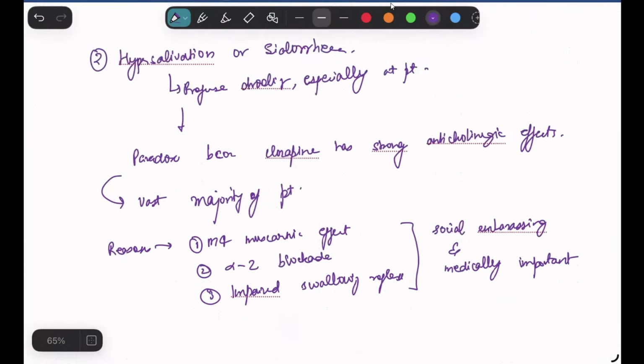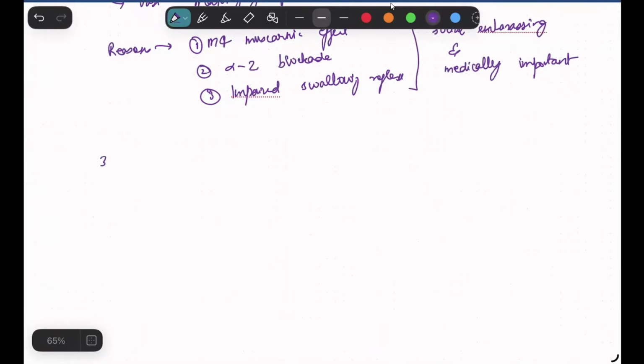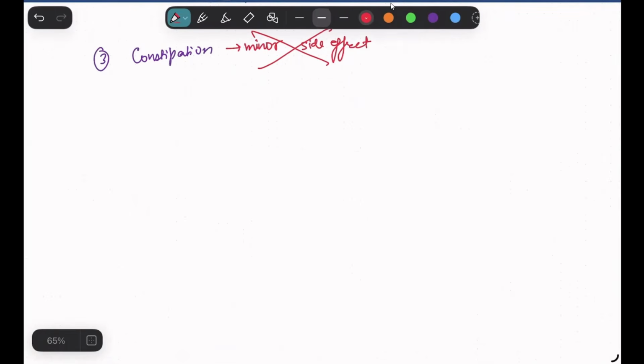Now coming to the third most important side effect, that is constipation. Do remember that it is not a minor side effect. It is actually a major side effect. Why? It can be life-threatening.